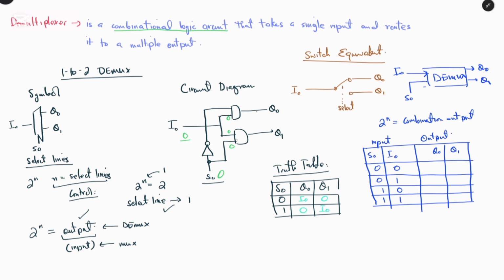With the data line having 0, and the select line giving us 1, the output will be both 0. The data that will appear at the output I naught is equal to 0, that means no data. So Q naught will be 0 because no data is available, and Q1 is by default not selected for data transmission.